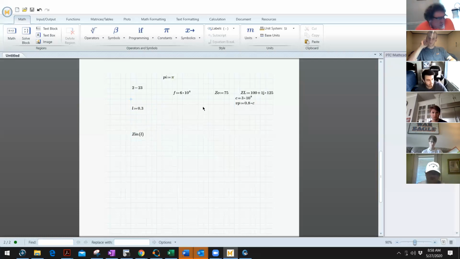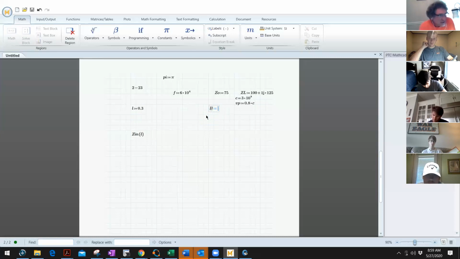So for this one, we've got to get beta, right? So we've got 0.8c, and we know that velocity is omega over beta, correct? Everybody? So velocity is omega over beta, and we want beta. Then omega over velocity would be beta, correct?